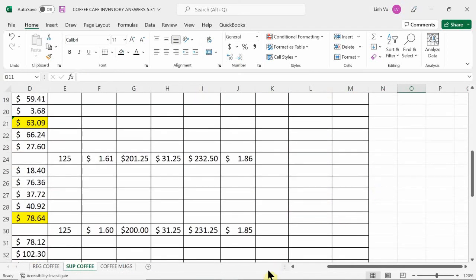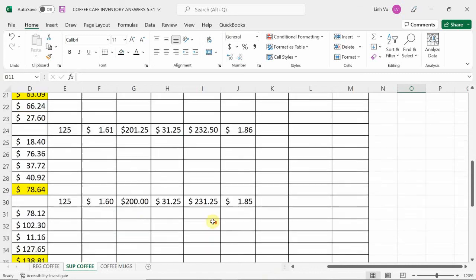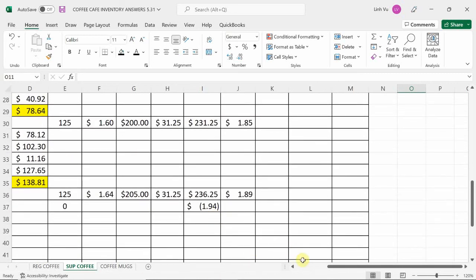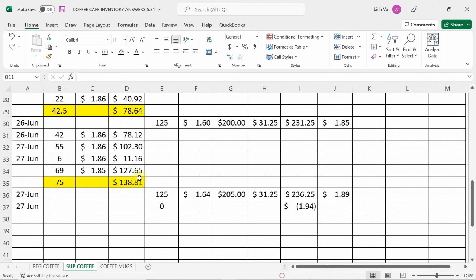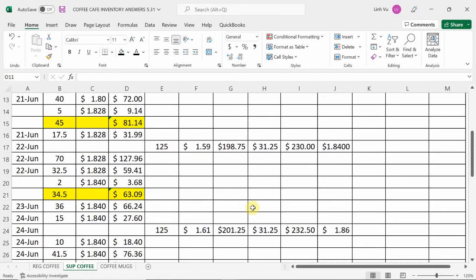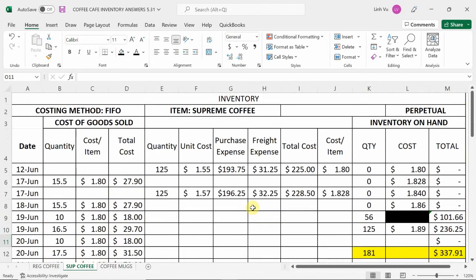All right. Any questions for that particular example? So there you go. You get to see what happens when you have a purchase discount in the middle of your inventory worksheets and you're currently doing them, whether it's perpetual and you're realizing, wait, I don't have the items that are still available. They're not there anymore. Where do I take the discount out from? Well, in this case, would it be beneficial?